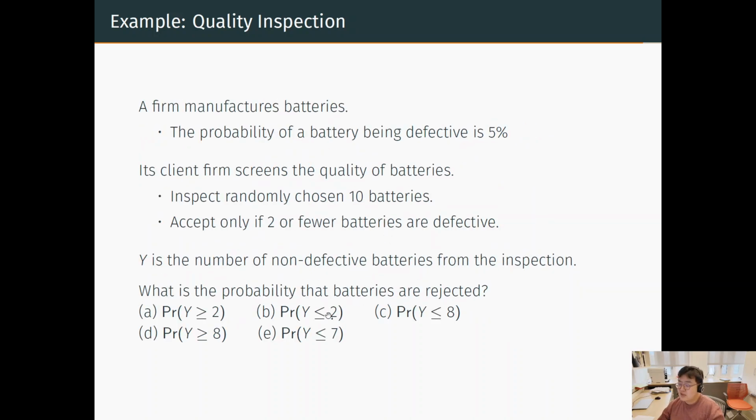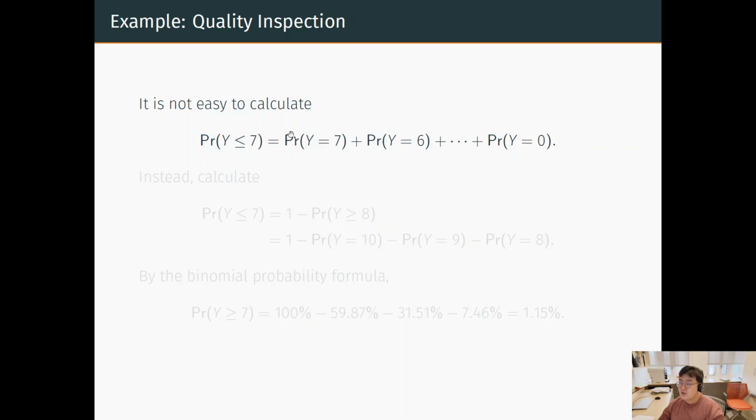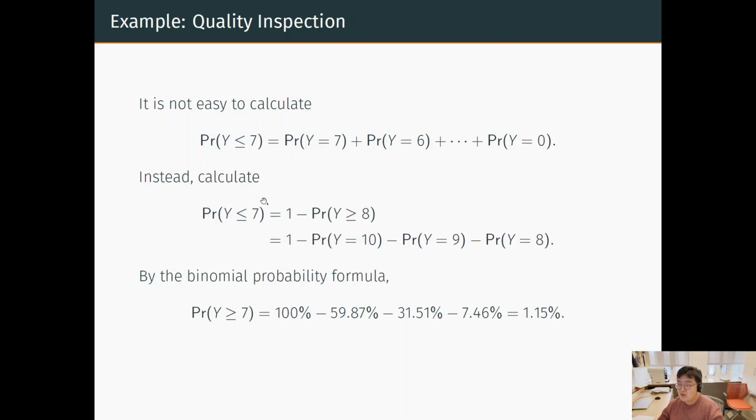And we are going to calculate this probability. That should go like this. So inequality is not convenient in binomial distribution. So you need to do this. But this is even more complicated. You have to calculate 8 different probabilities. So in practice, you have to use the other side of the inequality.